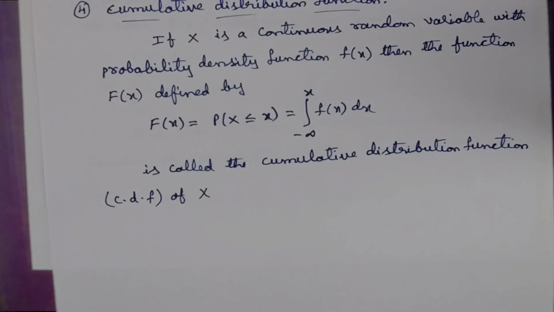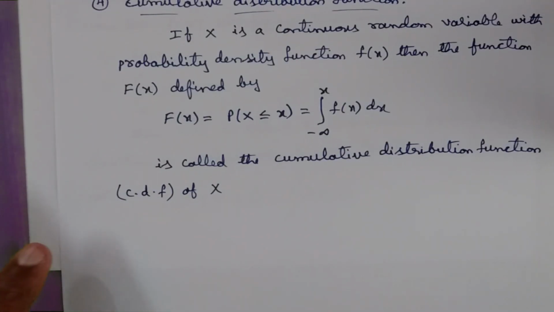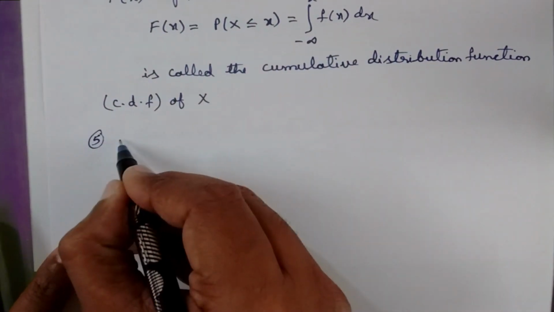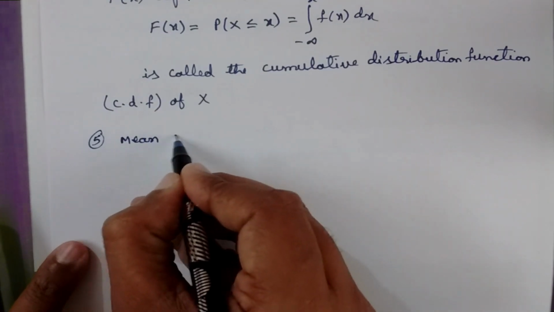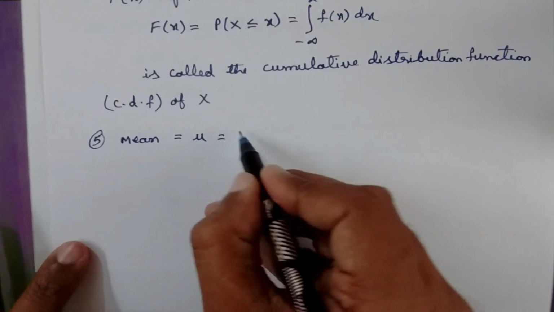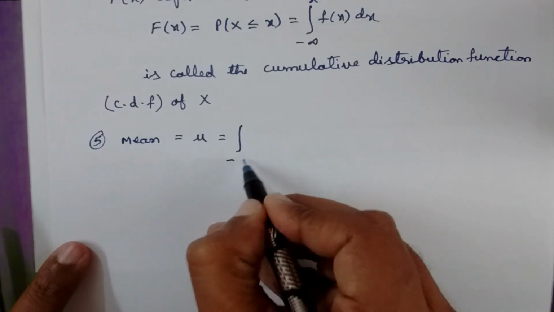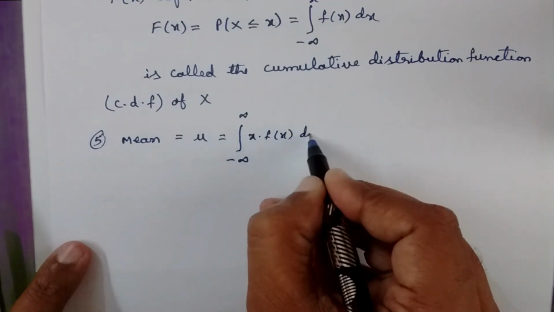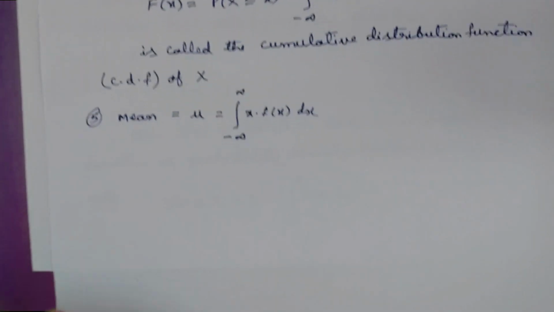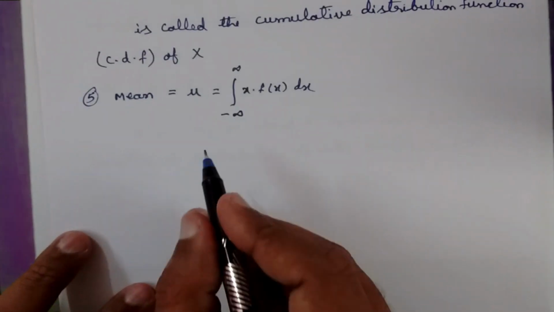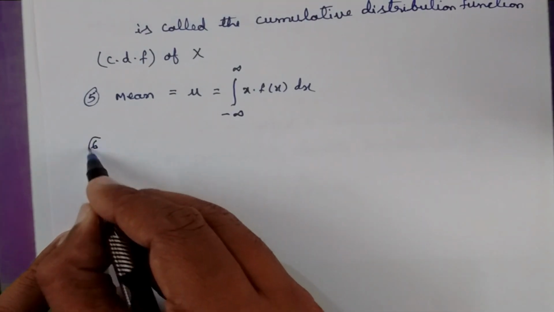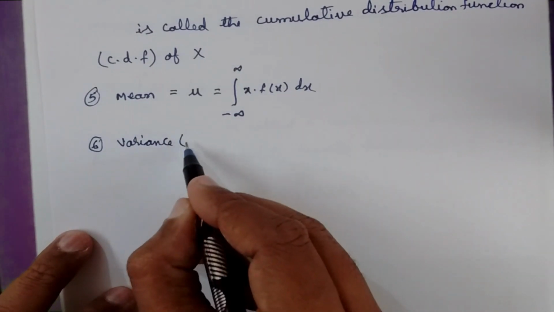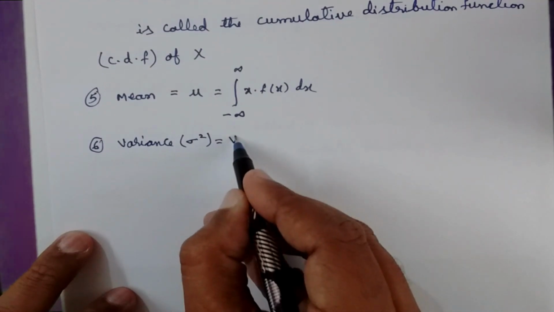Now let us try to see what will be the mean and variance of the continuous random variable. So let us take the mean. The mean mu is written as, the general formula will be the integral from minus infinity to plus infinity of x into f of x into dx. That is the mean formula that we have for the continuous random variable. Then similarly, the formula for the variance, sigma square, or you can just write it as v.